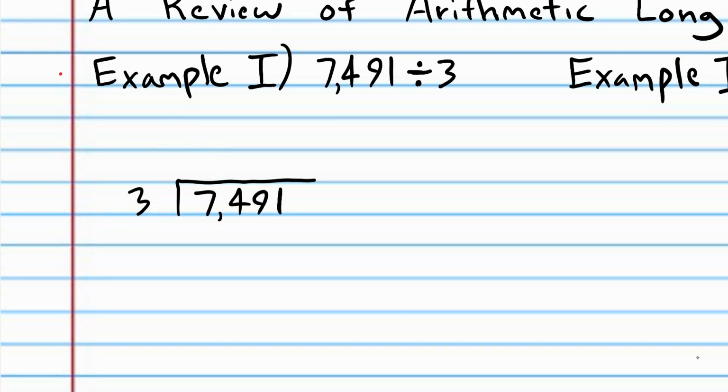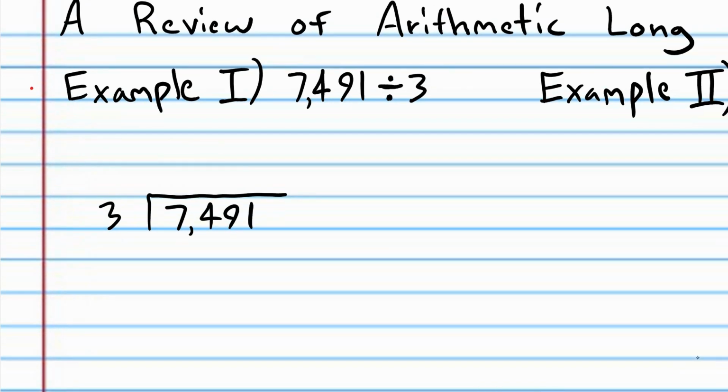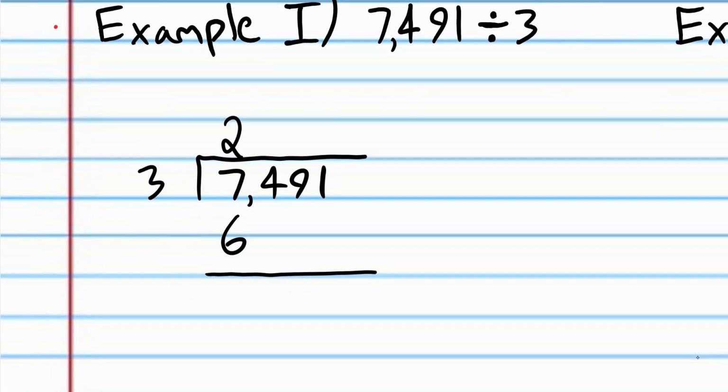How many times does 3 fit into 7? And the answer is 2 times. Then you're going to multiply these two numbers. 3 times 2 is 6, and write the 6 down here. Then you're going to draw a line, horizontal line. Then you're going to subtract these numbers. 7 minus 6 is 1.